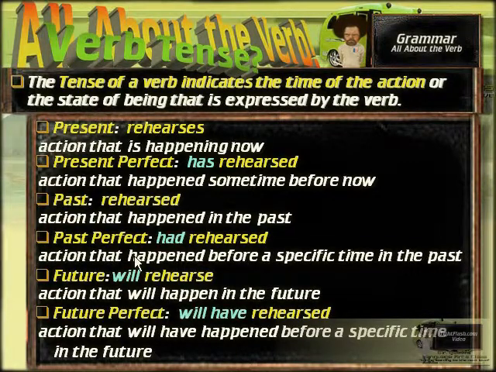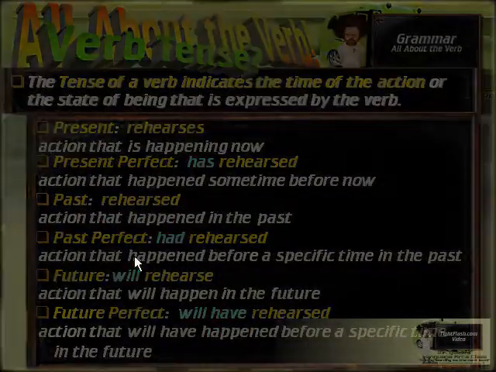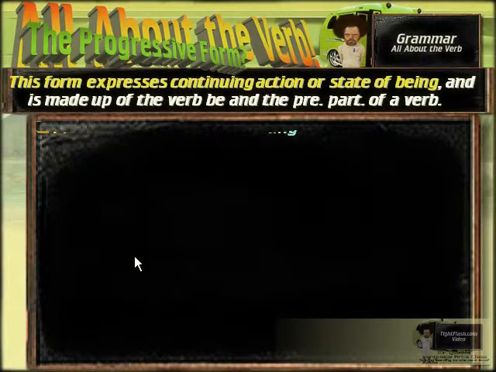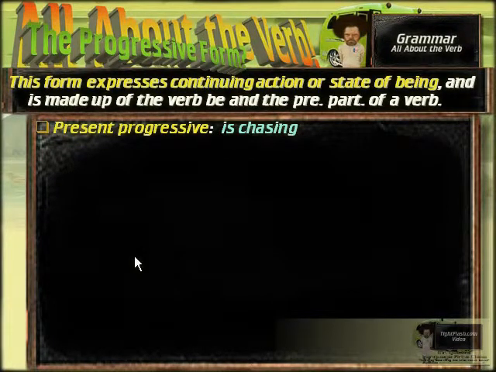So that means that they're going to rehearse, and they're going to do it before another time in the future, and that is the first show. So, in other words, they will be ready, or at least they will have prepared before the first show. Okay, so I know I'm not really getting into serious detail here because of our time restraints.